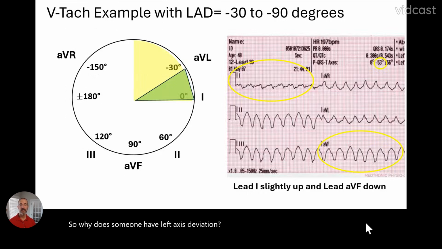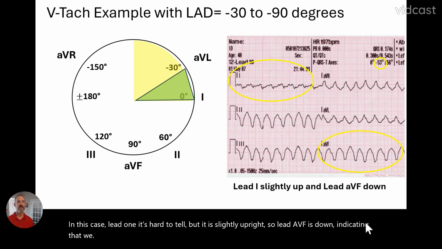Here is another example of left axis deviation with ventricular tachycardia. So this is a VTach example. We look at leads 1 and AVF. In this case, lead 1 is hard to tell, but it is slightly upright. Lead AVF is down, indicating that we have left axis deviation, and you can see that it's identified as -53 degrees.